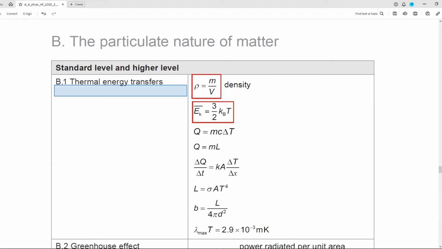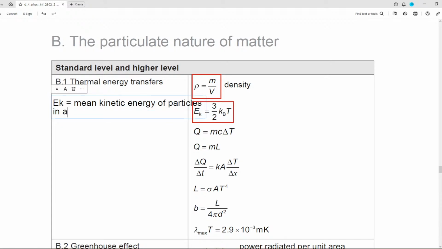All right, so I'll type it in. Here it's the mean EK. Notice the mean EK is the mean kinetic energy of particles in a substance. Here, Kb is one of the constants. It's Boltzmann's constant.